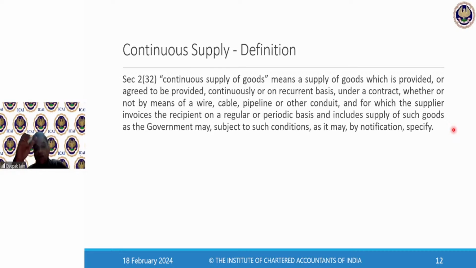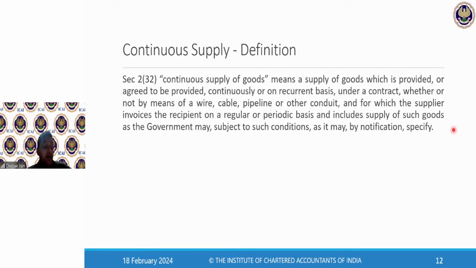We know that one-time supply gets over and the time of supply is very easy. But there are special situations of continuous supply wherein you could be supplying continuously. Now, how could you supply it continuously? Through a wire, wherein electricity, which is also goods, is supplied and you raise a periodic invoice, or through a cable, you supply internet. The old cable channels at your home used to come through a cable.